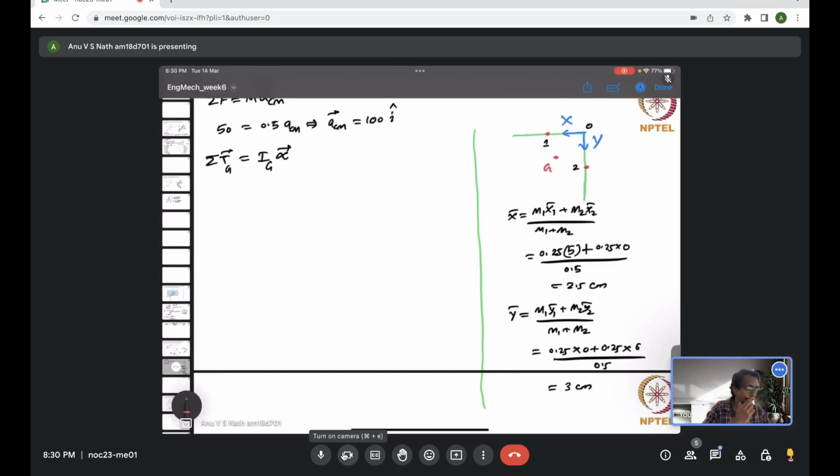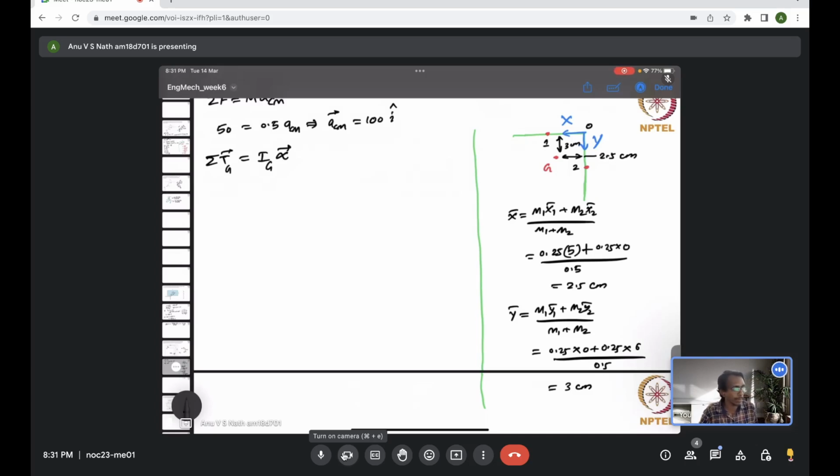You can see in the x direction it is 2.5 centimeter, and in the y direction it is 3 centimeter. So this distance is y, which is 3 centimeter, and in the x direction, that is this, which is 2.5 centimeter. Now we have located G about point O.